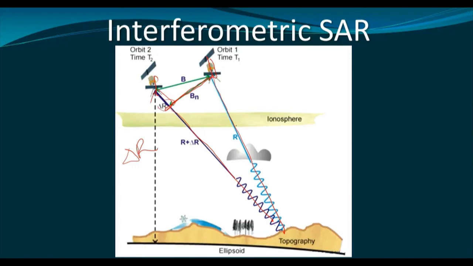We have two different ranges, and definitely for these two different ranges there will be phase differences, and by measuring the phase difference, the terrain variation can be understood, or the third dimension can be determined. In addition to x and y we can also obtain the third dimension, the z dimension, and we can generate digital elevation model.